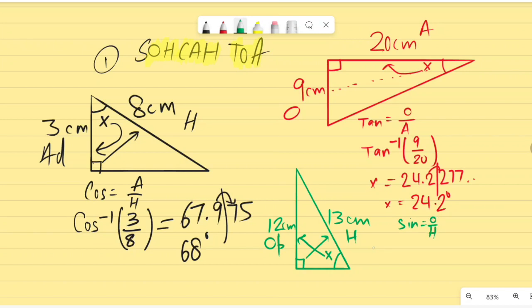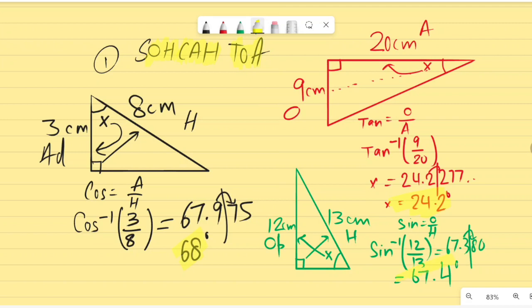Sine after shift will look like this, and you will write opposite, which is 12, over hypotenuse, which is 13. After writing this, you will get 67.380. You round it to one decimal point, the next digit is 8, so 3 will round to 4. So the angle here is 67.4 degrees.